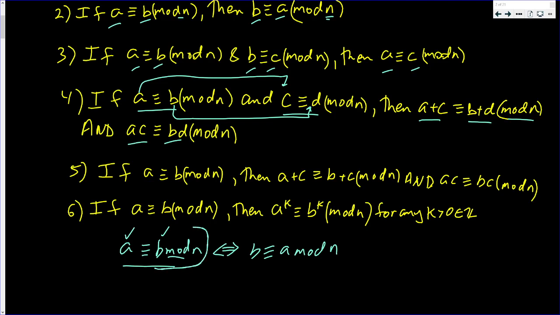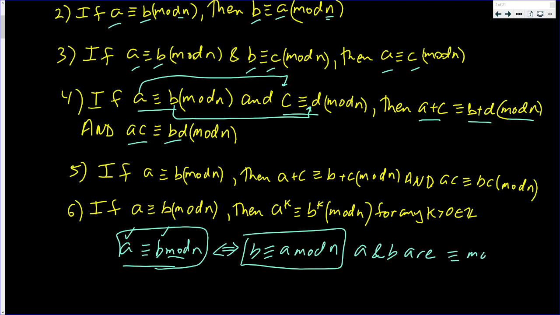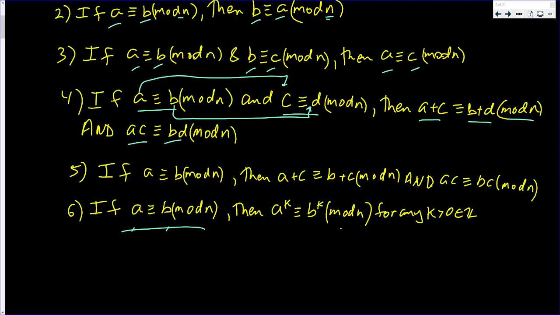Because if a is congruent to b mod n, then b is congruent to a mod n. We can just say a and b are congruent mod n. I should write out congruent, but I'm being lazy. So you don't have to say a is congruent to b mod n. Just say a and b are congruent mod n, if you feel like it. Sometimes it's better not to say that.